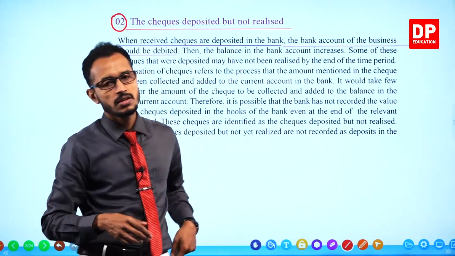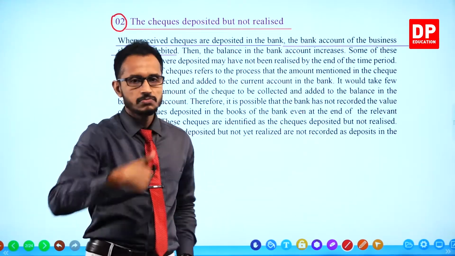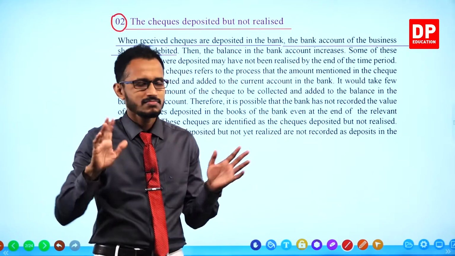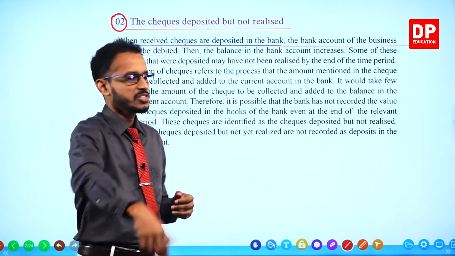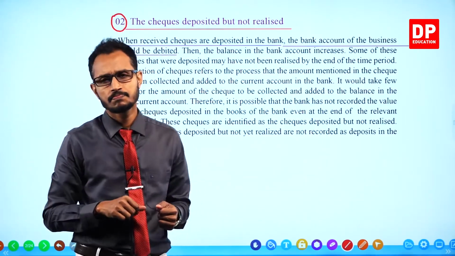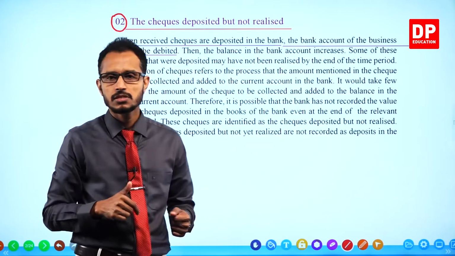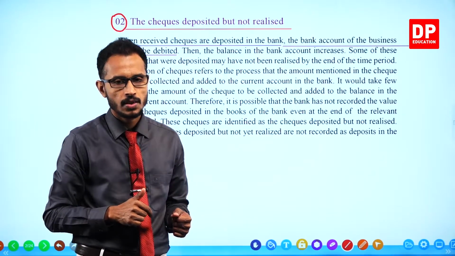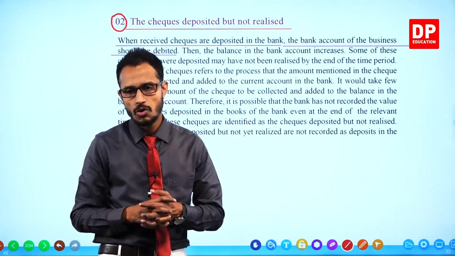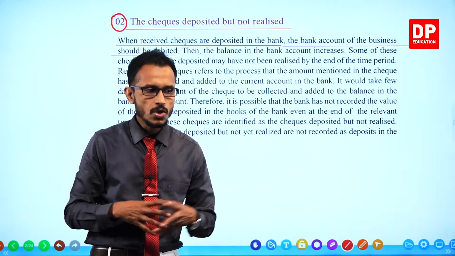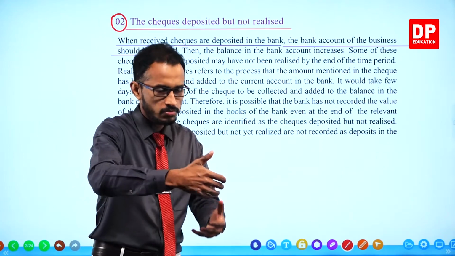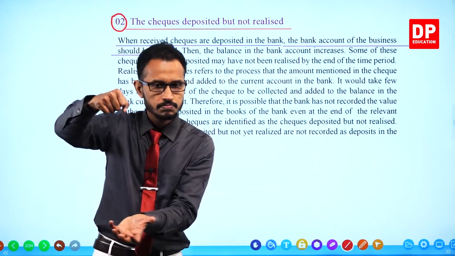When we receive checks from whatever the source, it doesn't matter. Let's say we received a check from a debtor. A debtor pays us by a check. Or let's say we received a check for goods that we sold to a customer.